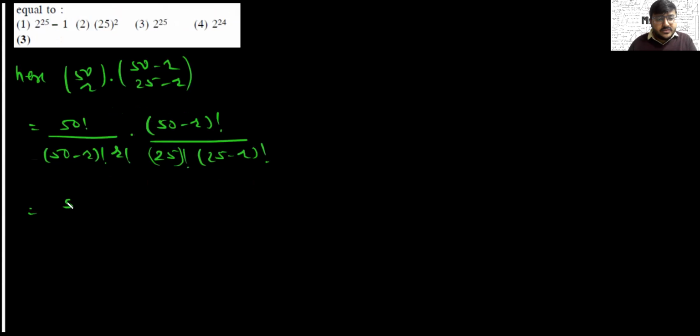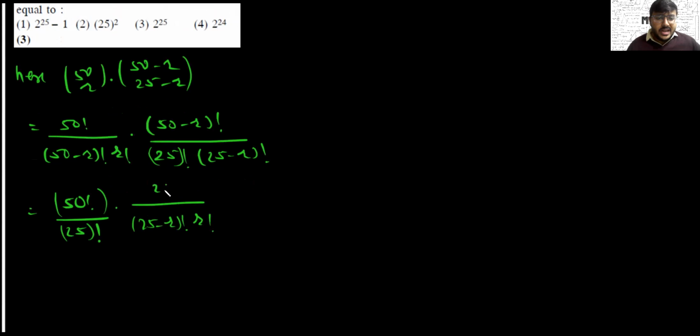Now, how many things can we cancel? So I can say it is 50 factorial as it is divided by 25 factorial into R factorial, 1 upon 25 minus R factorial into R factorial. Just a minute.